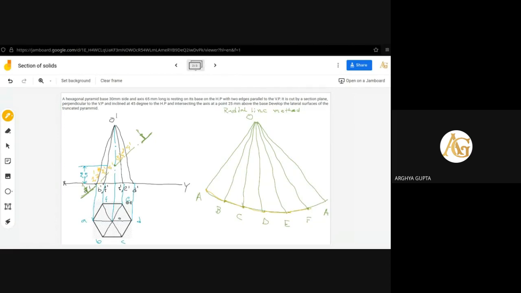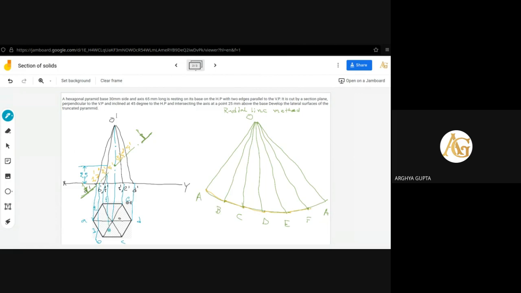Okay, now I have to draw projection lines from all the points. If you draw a projection line from here, because this point is 1 and this point is 2. Then 2 and 6, draw projection lines from 2 and 6.